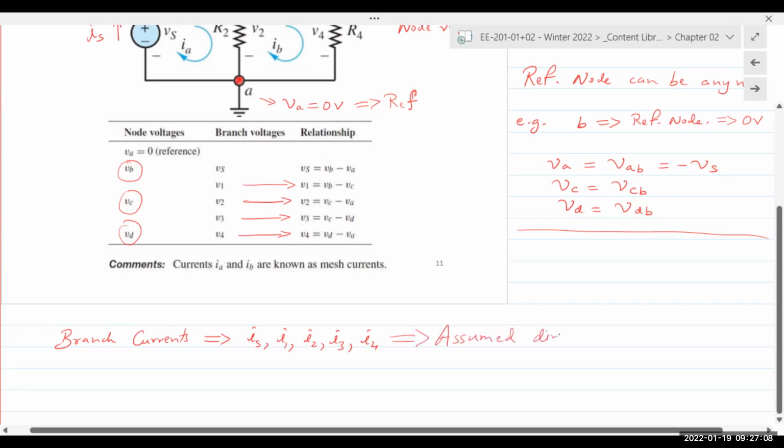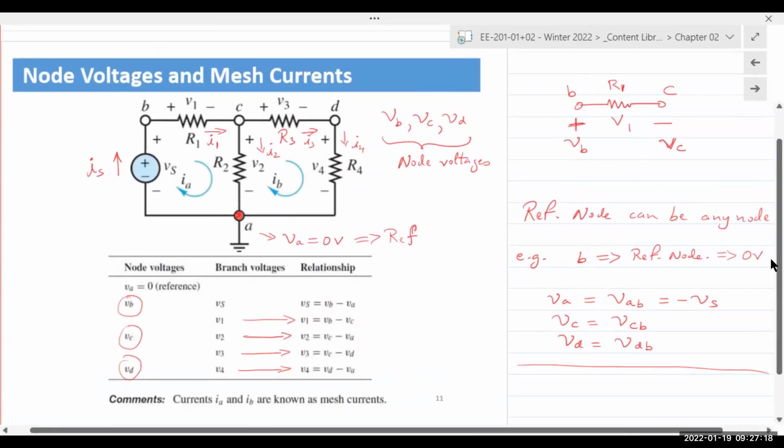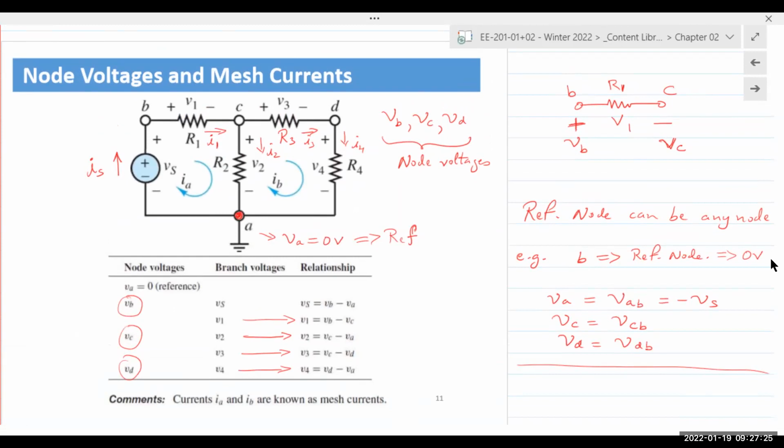Assumed direction, but the assumption is based on logic. And it doesn't really matter if you choose the opposite direction. As long as you're consistent within the analysis, your answer will always be correct. So it doesn't matter if I choose the opposite direction. Okay, so those are all branch currents.